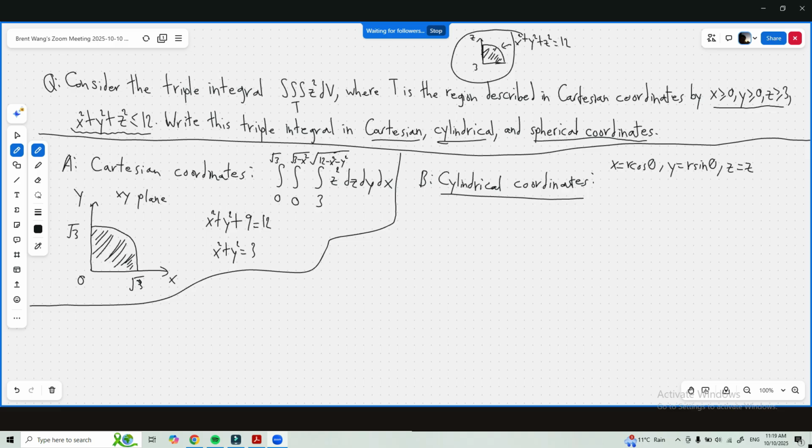Cylindrical coordinates is basically like polar coordinates in 2D, but you add a variable z at the end. And now dV is equal to r dz dr d theta. In polar coordinates, it's r dr d theta. Here in dV, you just add a dz. That's the only difference.